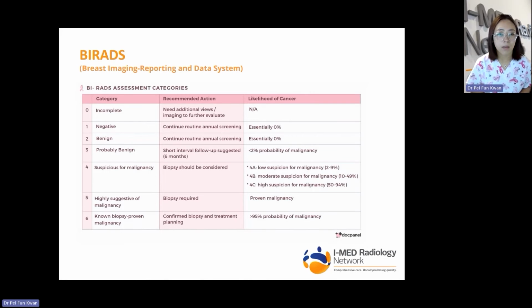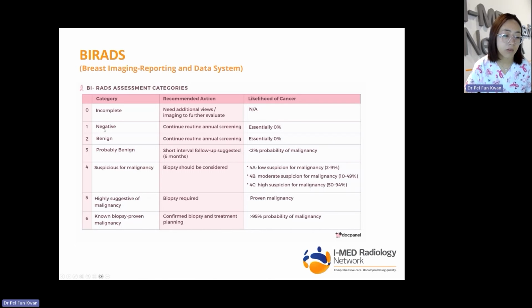So the BI-RADS reporting system is for when we find an abnormal lesion either on mammogram or ultrasound or MRI, we give them a category to help management.